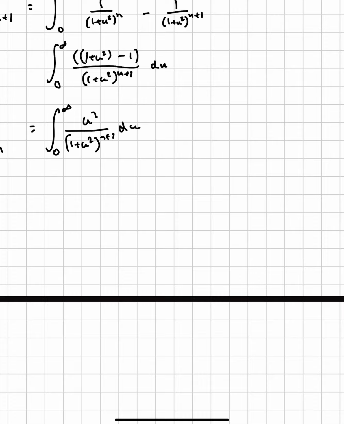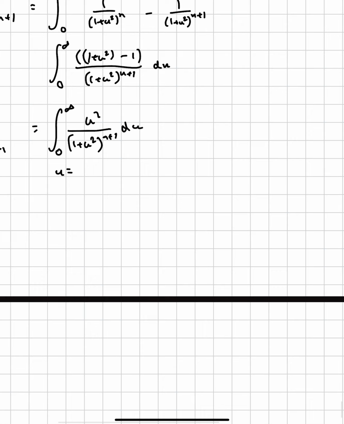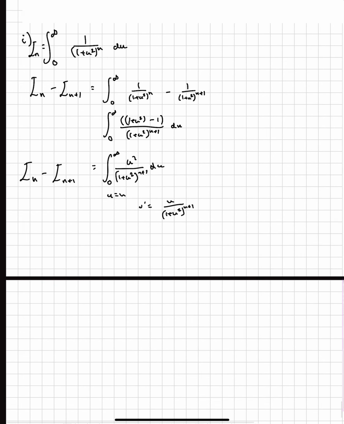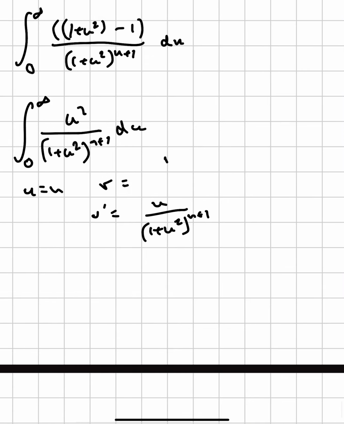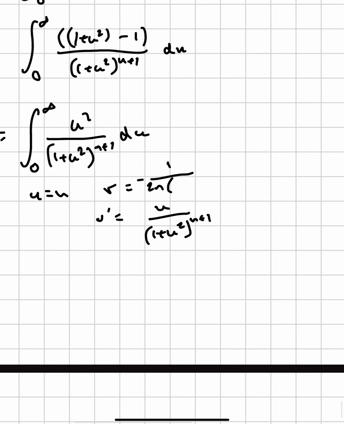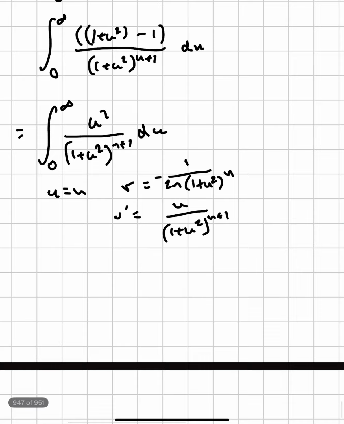What we can notice is that if we make u equal to u over (1 plus u squared) to the n plus 1, it gives us a nice solution. So we can have v being equal to 1 over 2n, and this is negative, I believe, (1 plus u squared) to the n, and then u prime is just going to be equal to 1.